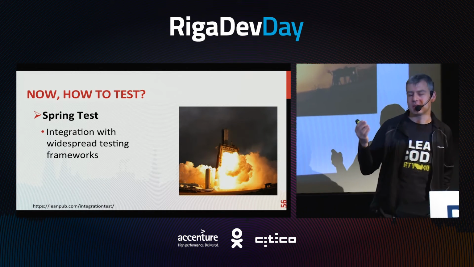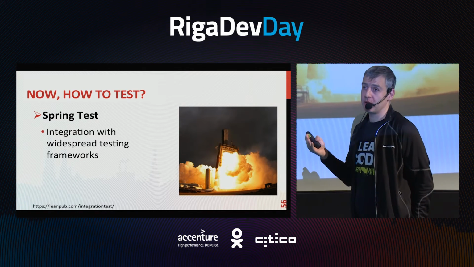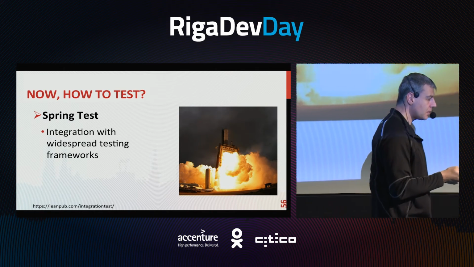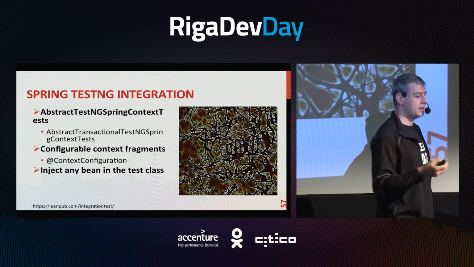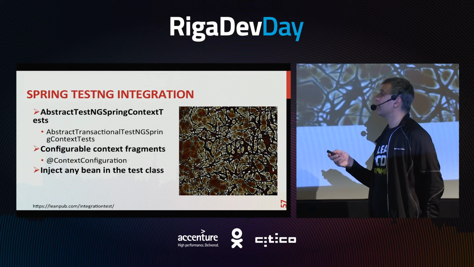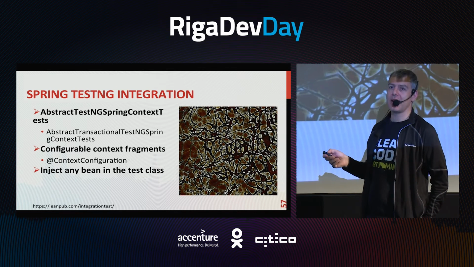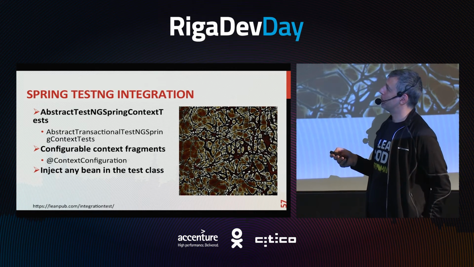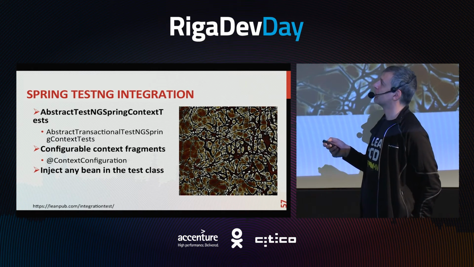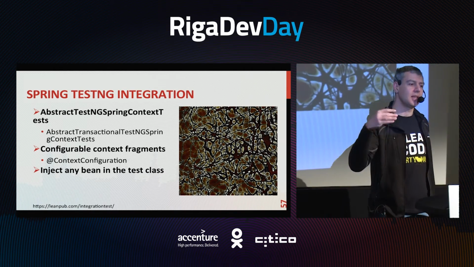So, testing with Spring. Good news: Spring has something called the Spring Test module, and it's quite easy to use. Let's talk about TestNG, but you have the same with other frameworks. You can just extend, and people who like dissing Spring will probably be very happy here, because you have to extend AbstractTransactionalTestNGSpringContextTests. Yeah, it's long, but if you're using an IDE, it will be much easier.